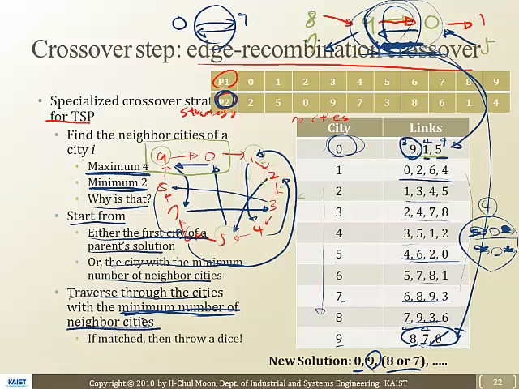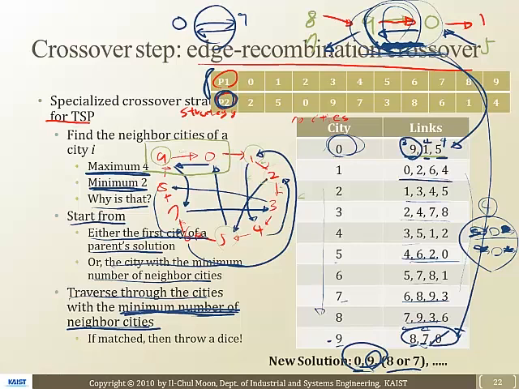By following this minimum, we go to 0, 9, and 8 or 7 and other places. Now you can see that 0 and 9 are placed together because the parents share this schedule. Okay, that's our edge recombination crossover.